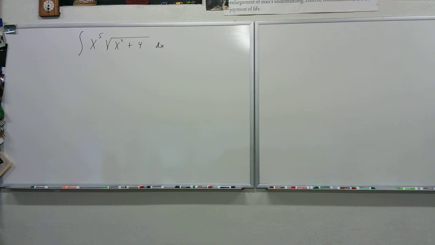And if this little method I'm showing you now doesn't work, like you can't get something that's easy to integrate from this, then you move to what's called trig substitution. And that's getting into trig. That's getting into integrals in the land of the beyond.